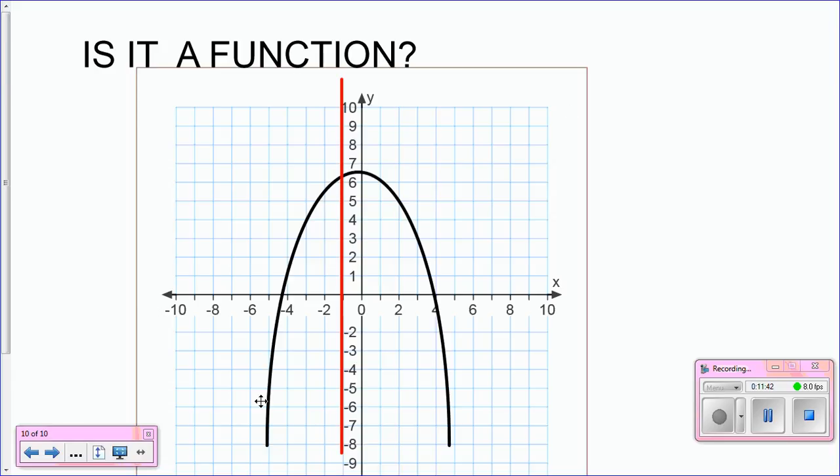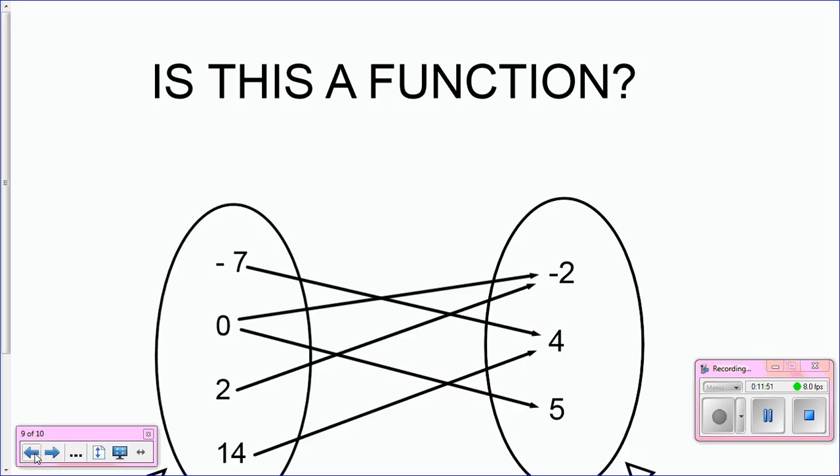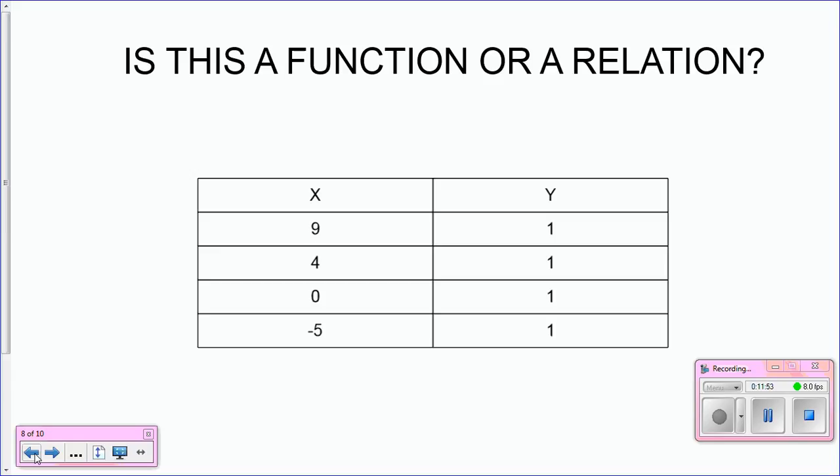And I was very nice and I drew a vertical line for you, okay? So looking at these, you have to determine if it's a function or just a relation. I'm going to give you a few minutes to do that. It's function or relation, I wasn't paying attention to the question. So go ahead and pause the video. When you come back, I'll have the answers.